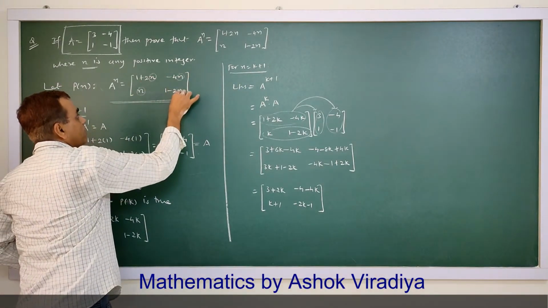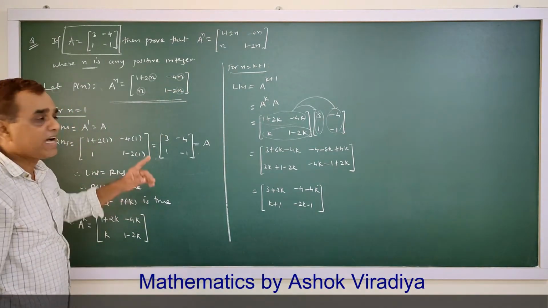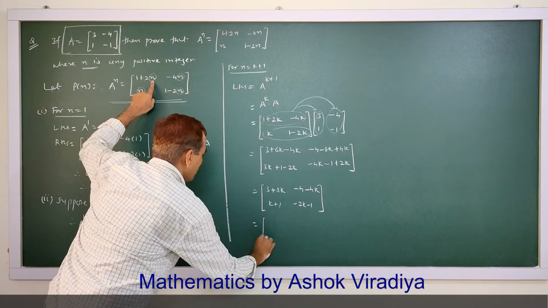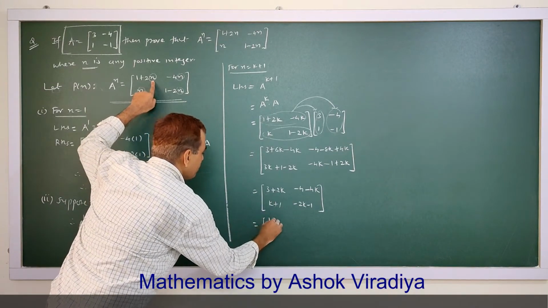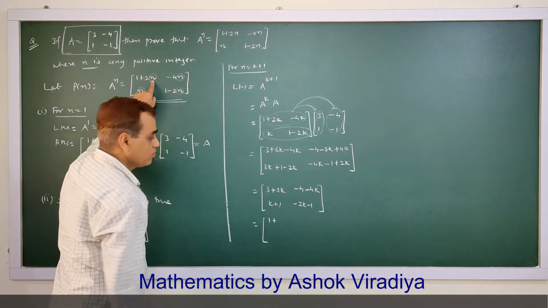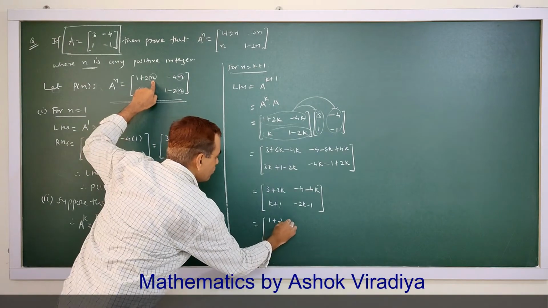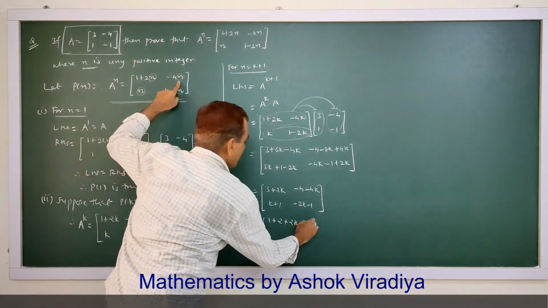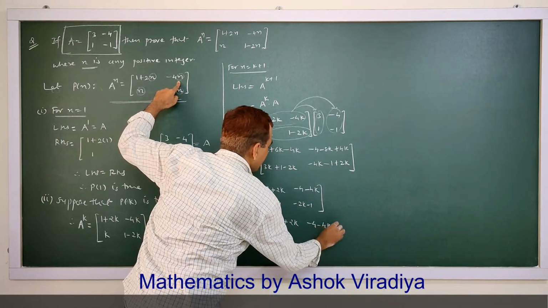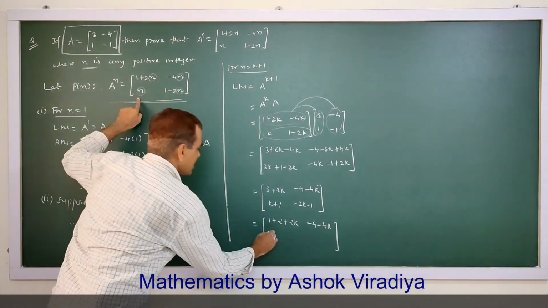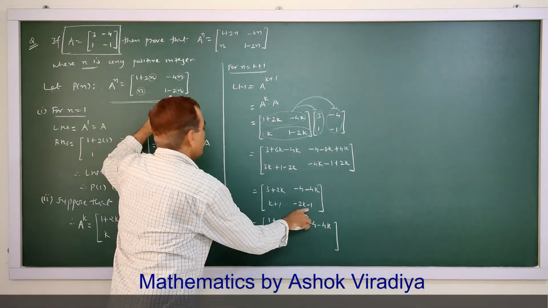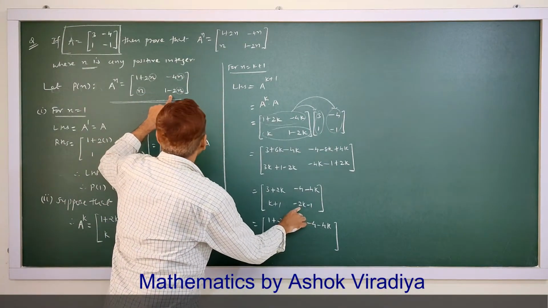See, arranging accordingly, look, 3 can be expressed as 1 plus 2, 1 plus 2 plus 2k. Then here, minus 4k. This is k plus 1. Here, minus 1 minus 2k.